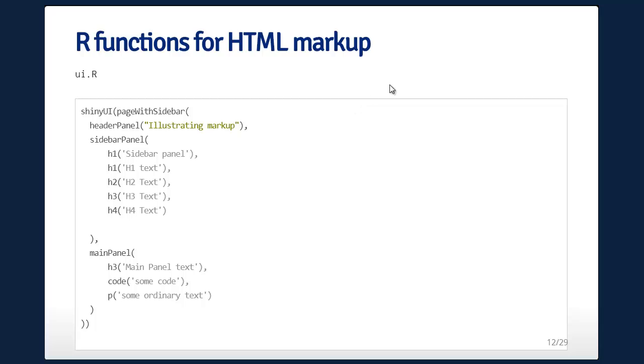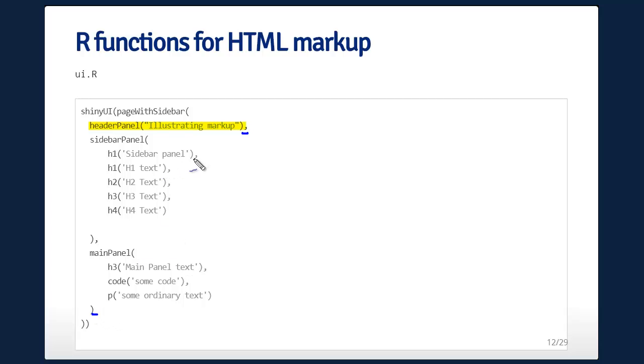Here's the example for R functions with markup. R functions will insert the HTML markup. So the header panel is going to say illustrating markup, so remember that. And then you've got to remember that the commas are what kill you with Shiny. So you've got to have commas between things, and then for example, no comma right there.